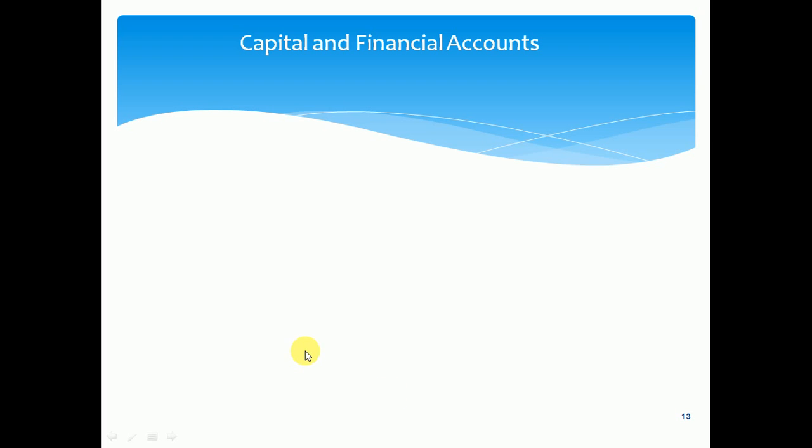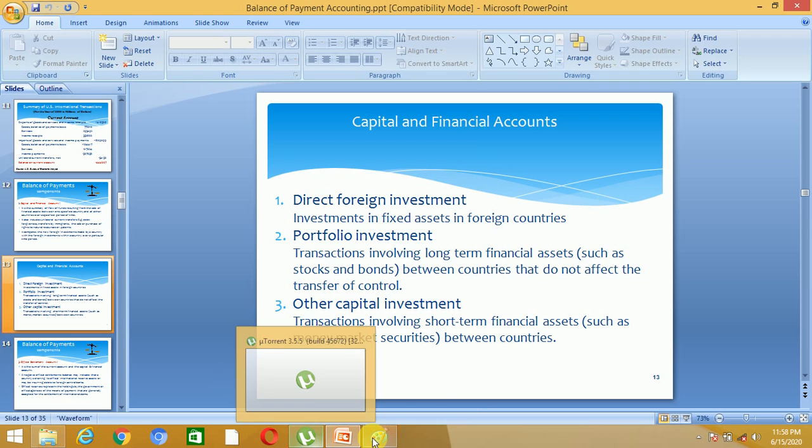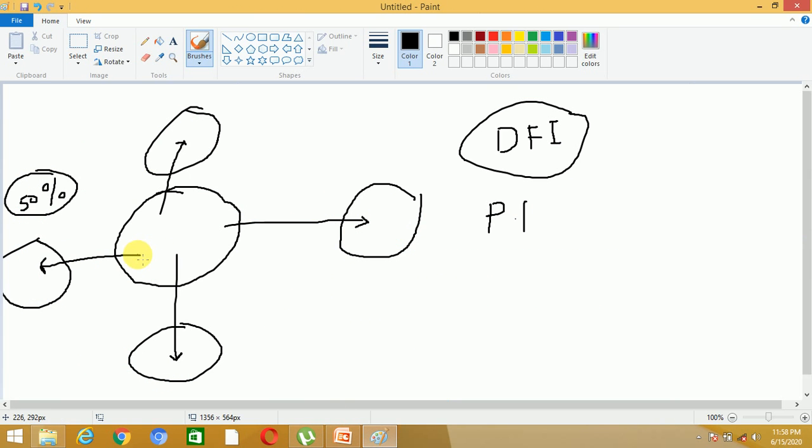And the third component is other capital investments, meaning transactions involving short-term financial assets such as money market securities between countries. Suppose the people of Afghanistan are investing in foreign countries in short-term securities like T-bills and commercial papers.